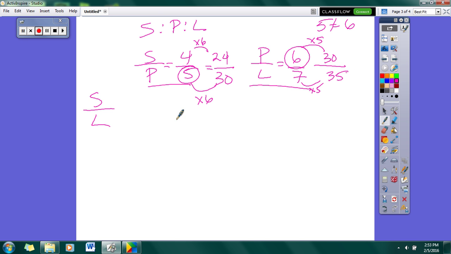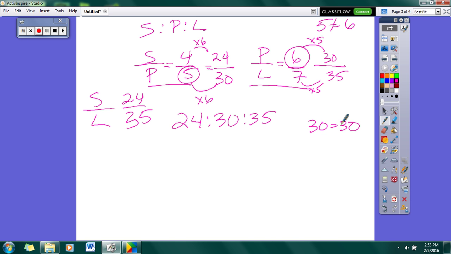So my new ratio is 24 to 30 to 35. It asked me about Sax to Luna, so 24 to 35 is my final answer. Again, the reason I had to set Princess equal to itself is because it should be equal to itself. Now 30 is equal to 30.